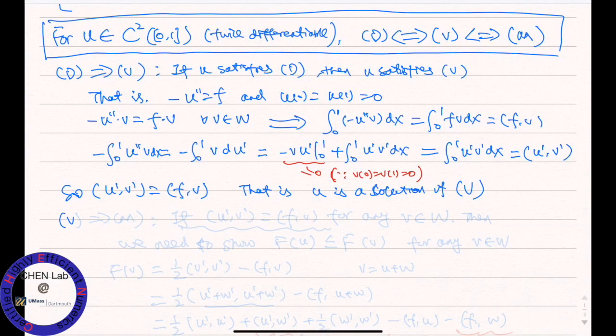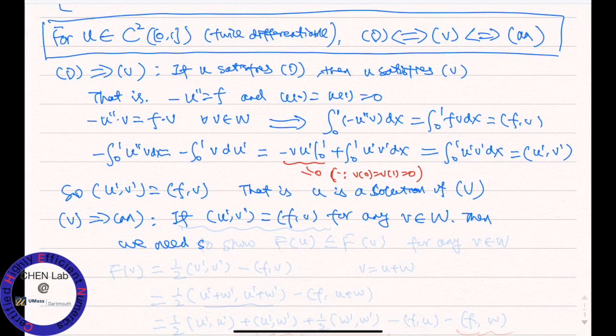The next step is, what about M? We're going to show that once u satisfies V, u satisfies M. So that is, if parenthesis u prime v prime is equal to parenthesis fv for any v in the space W, then we need to show it satisfies M. What's that?